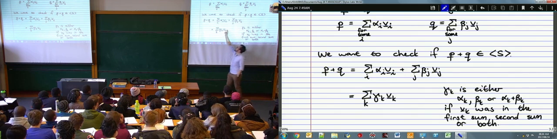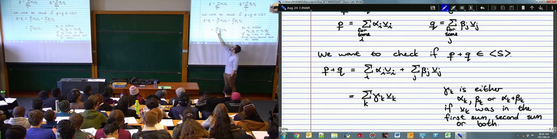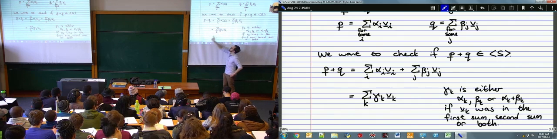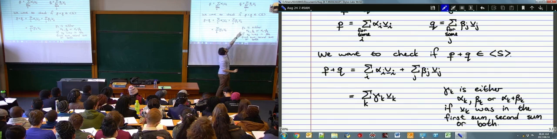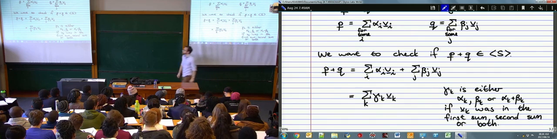But the point is, this is now just a linear combination, right? These are just some coefficients, and we have to think a little bit about how we choose them. All of these over here are elements in S, because these over here were elements in S, right?